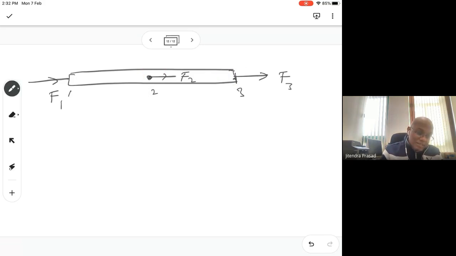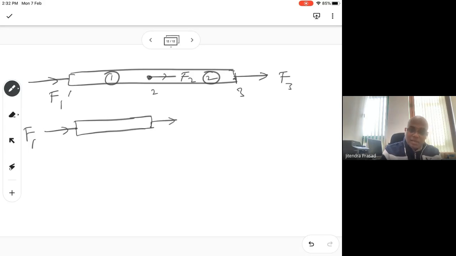Now you can tell that this is element number 1, this is element number 2. And you have a force applied just between the two elements. If you cut it here, then what do you get? You will get like this. So let's call this F1, and here let's call it F12.